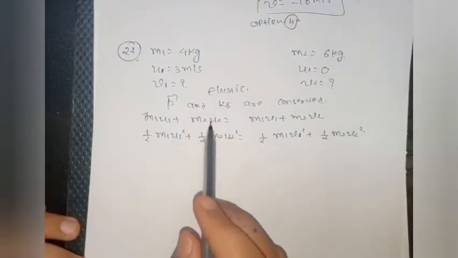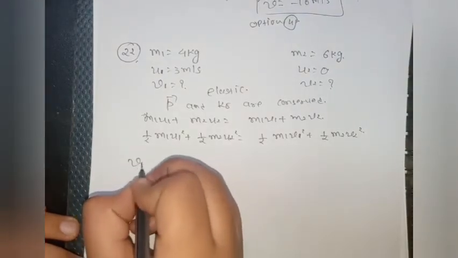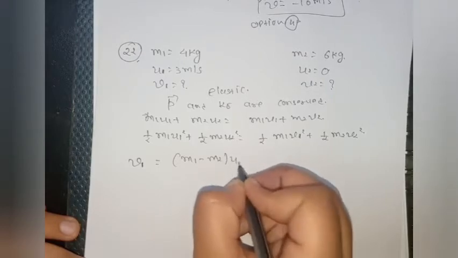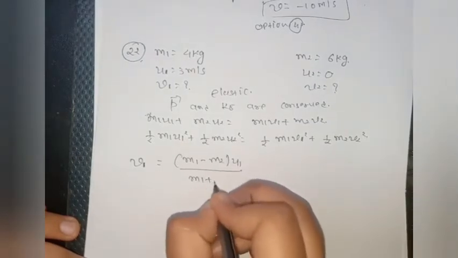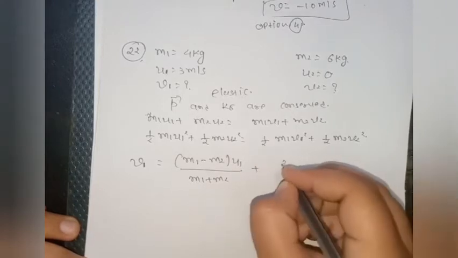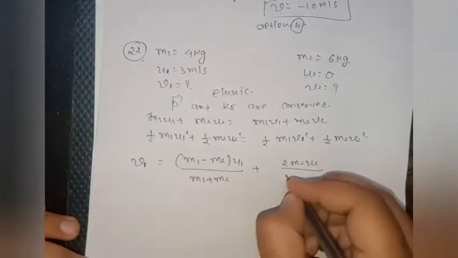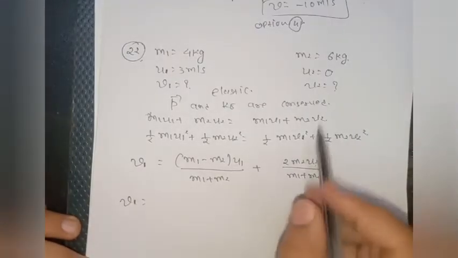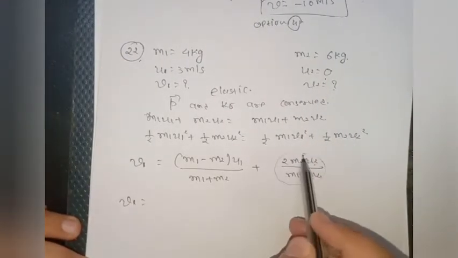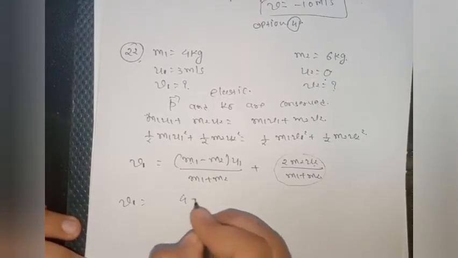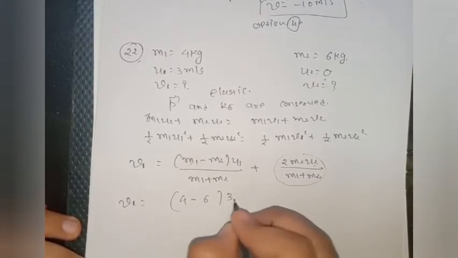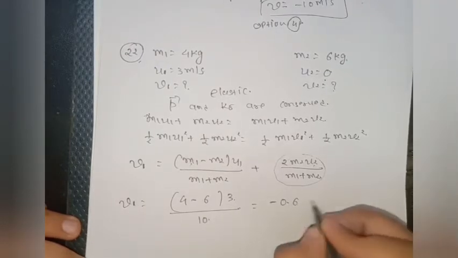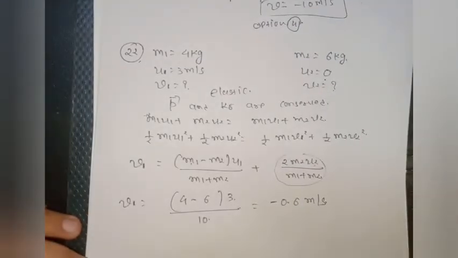By solving these two equations, we will get the equation of v1 as (m1 minus m2) into u1 divided by (m1 plus m2) plus 2 m2u2 upon (m1 plus m2). Put the values. The u2 is 0, so this whole term will become 0. m1 is 4, m2 is 6, u1 is 3, divided by total mass 10. So this will give us the answer minus 0.6 meter per second.